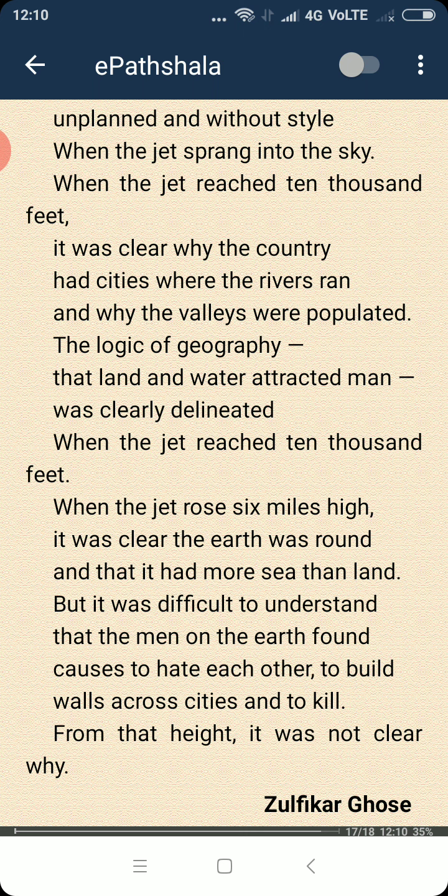Come still closer. You'll find the land portion divided by rivers and mountains. Come still closer, you will find man-made boundaries between one country and another country.